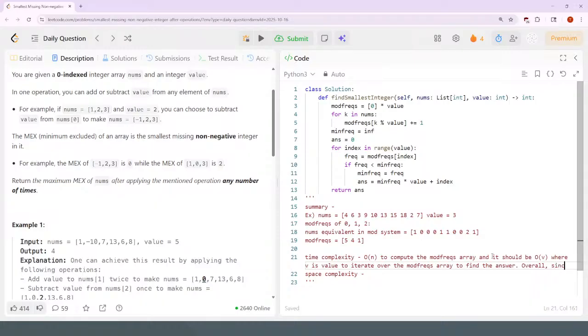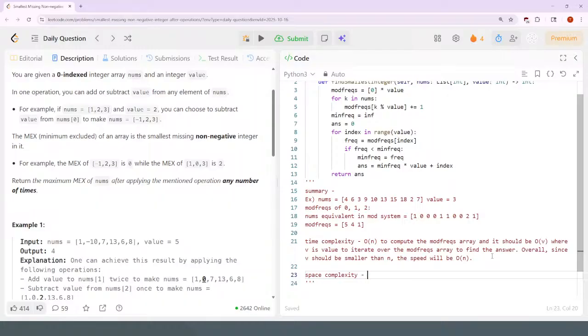Overall, since V should be smaller than n in most non-trivial cases, the overall speed will be O of n.